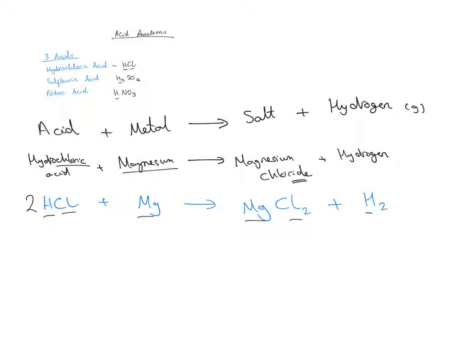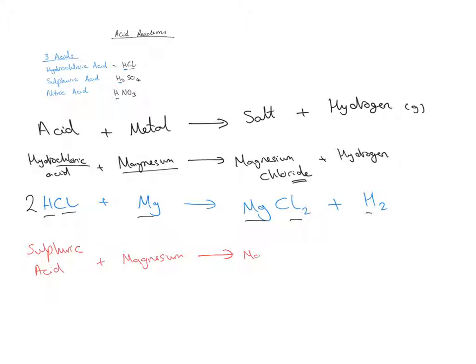Now there's an example. Another thing you might notice is that I've called this magnesium chloride. Now the chloride, ide means there's 2 parts to it. So the 2 parts are magnesium and chlorine. So when we do our next example, you may see something slightly different. So if we change the acid and we have sulfuric acid and we add magnesium, remember the only change is that I'm changing the acid.